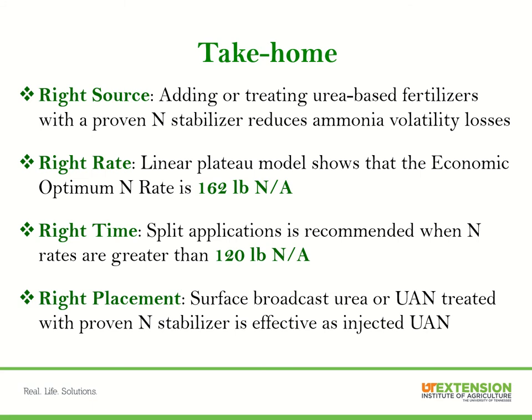When it comes to timing, it's important to split apply that nitrogen when you are going to put out more than 120 pounds of nitrogen per acre. And then for right placement, again, surface broadcast urea or UAN that is treated with a proven nitrogen stabilizer is as effective as injecting UAN.